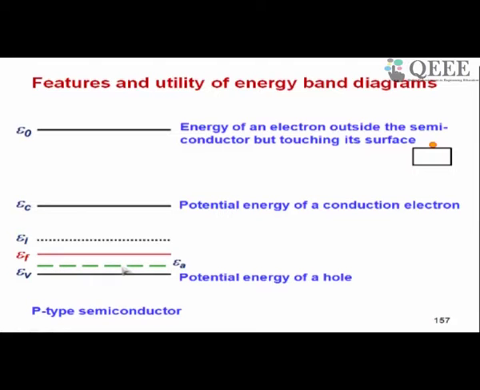So the energy level corresponding to this acceptor impurity is such that the difference EA minus EV tells you how much energy is required to ionize the acceptor. In other words, an electron in the valence band should have that much energy to reach this acceptor level, and Fermi level in a p-type semiconductor is below the intrinsic level.